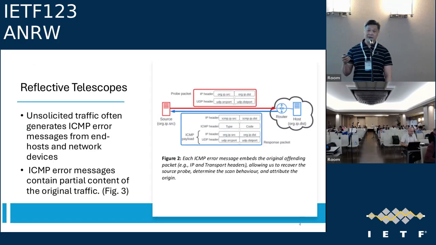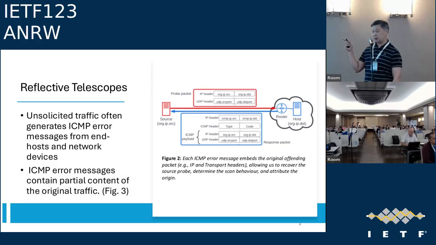So to address the limitations of the traditional darknet, we propose an alternative solution, the refractive telescope. When a probe packet is sent to a production network host, if they don't expect the packet, they will respond with an ICMP error message.